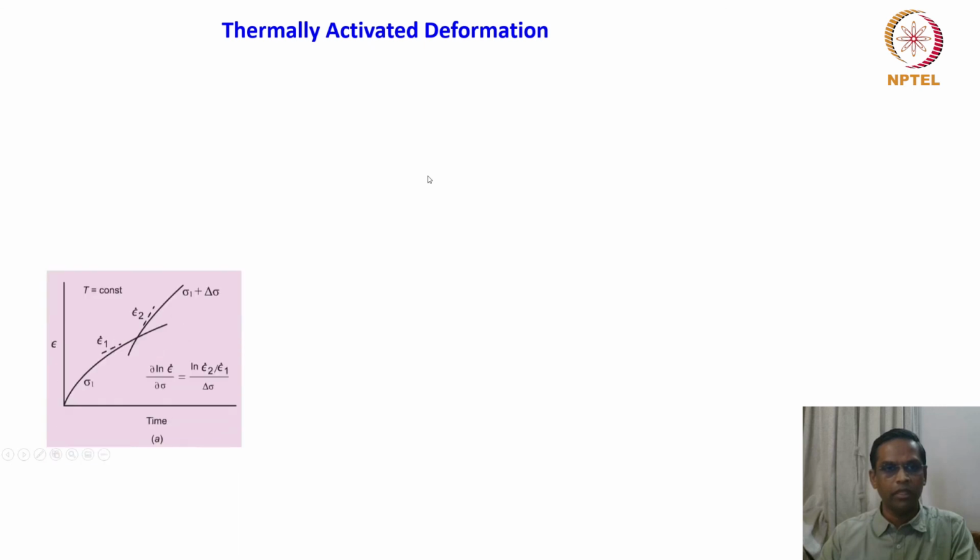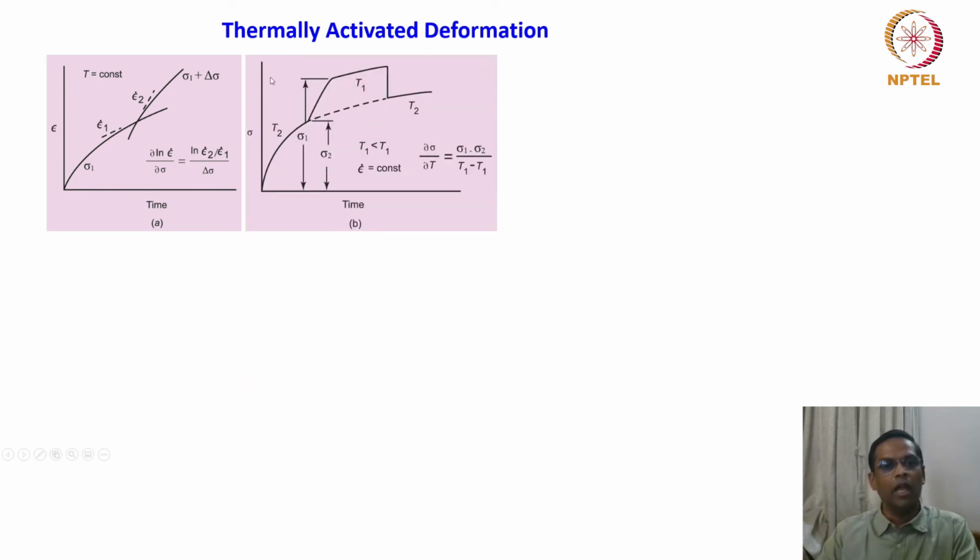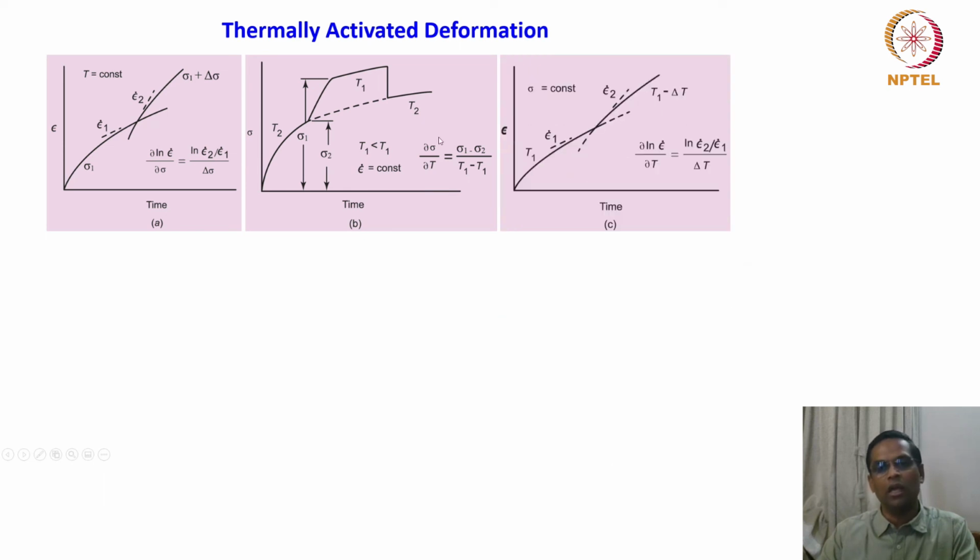So how do they find these quantities? People do a tensile test and create a strain versus time plot at constant temperature. Then you get these quantities, and you can also perform the test at constant strain rate, where the sigma versus time plot will give these quantities.